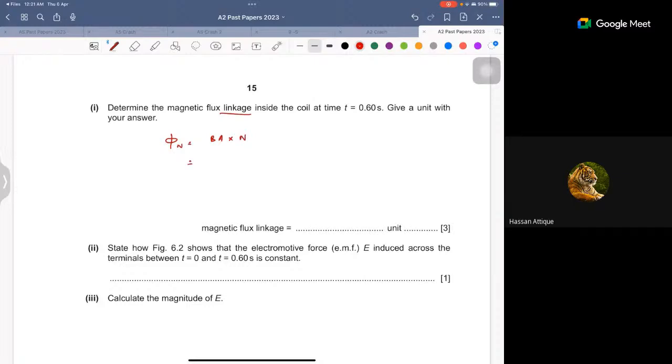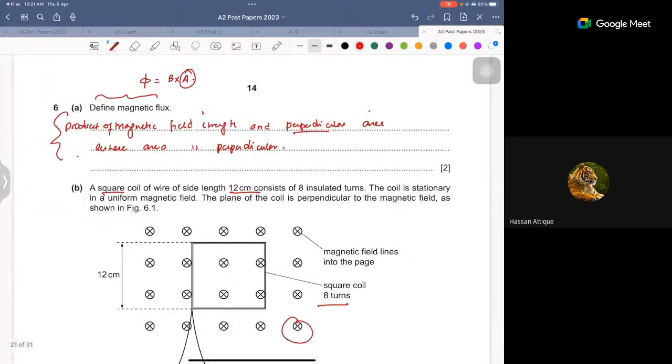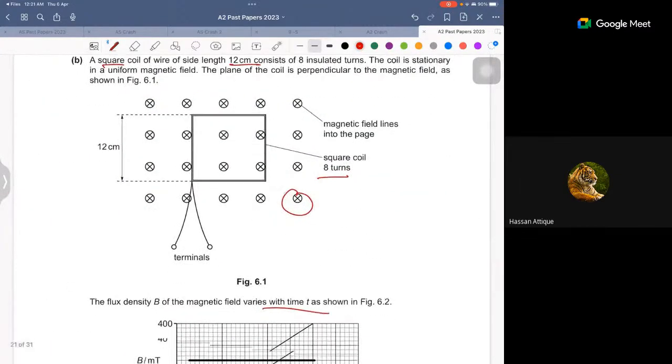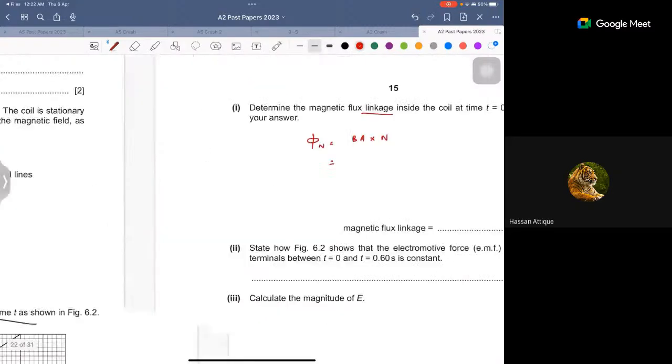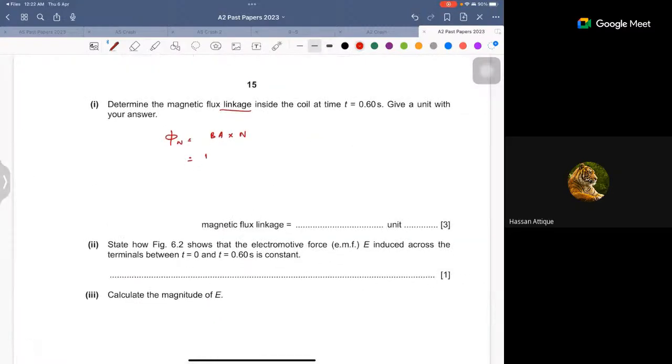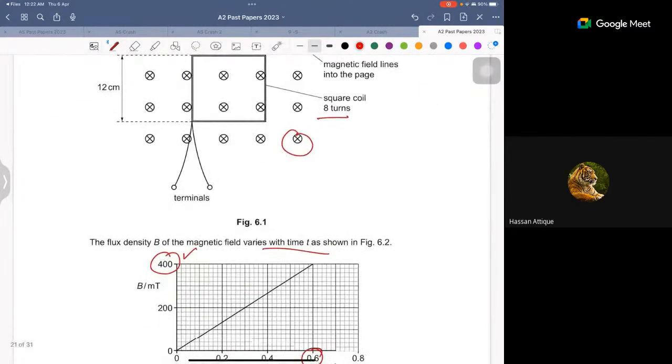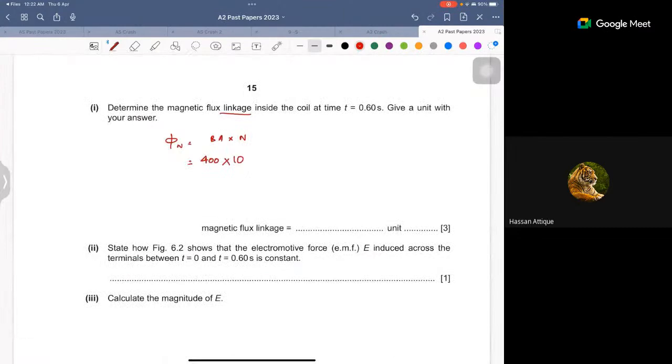So then magnetic flux, do we have that? Yeah, it's here. It's 400 when in 0.6 seconds, right? So we're going to use this maximum, 400, and I don't think it was milli, right? So we're going to multiply it by 10 raised to power minus 3.